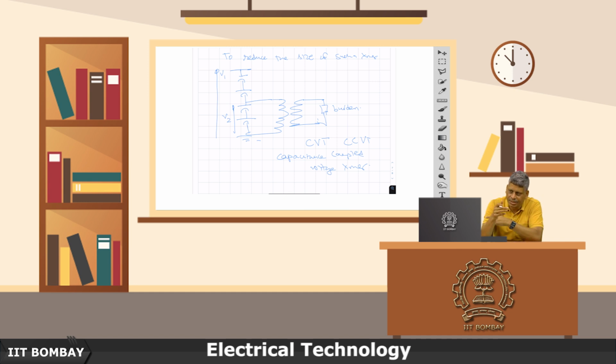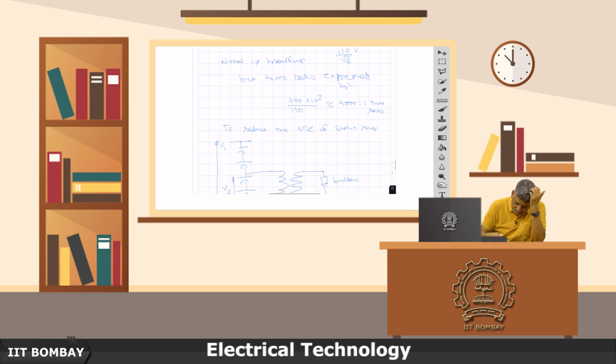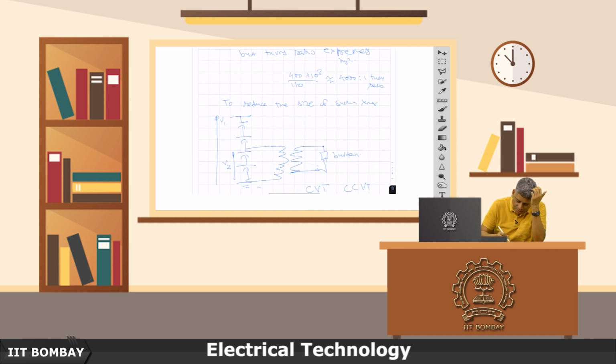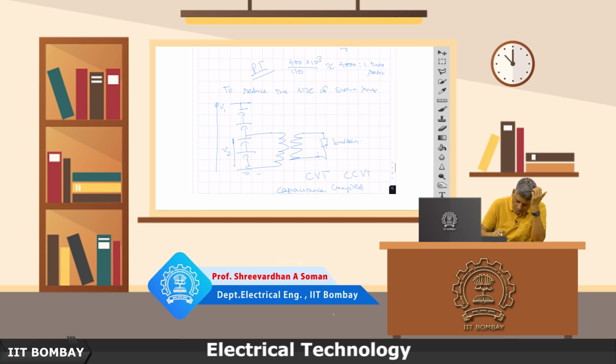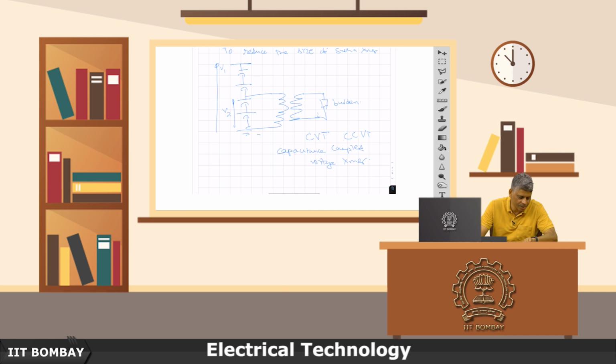The basic voltage transformer is called a PT, or a CVT or CCVT. They are discussed in much more detail in a protection course, and I am not therefore going to dive any deeper into that.